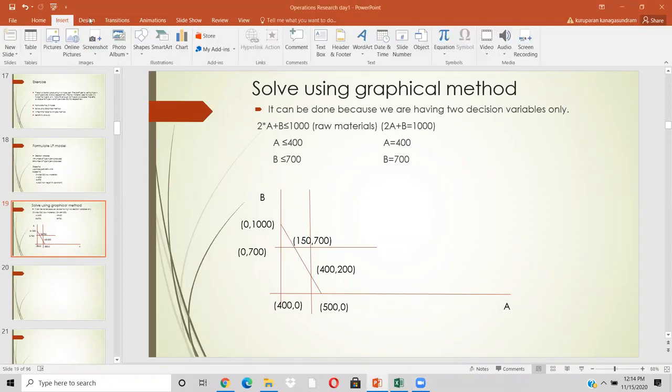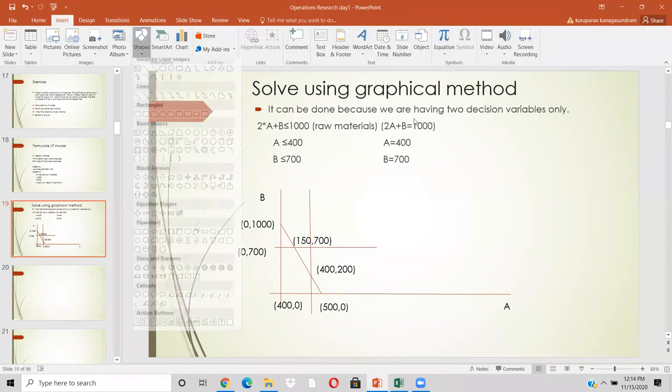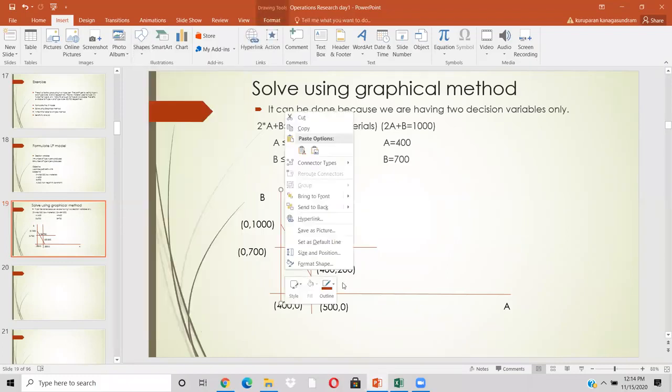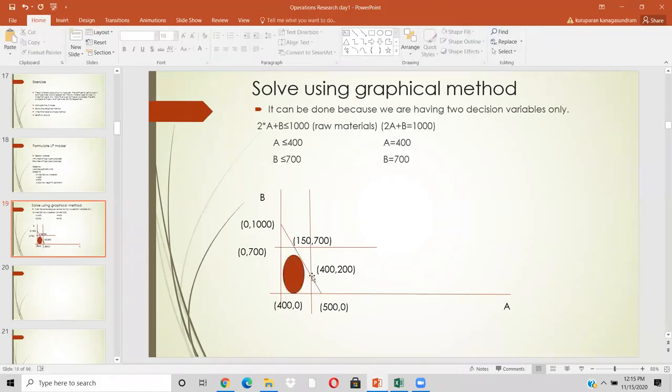So finally, this shape should be the feasible region.